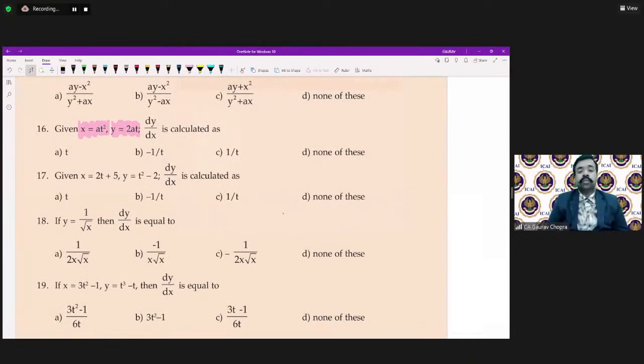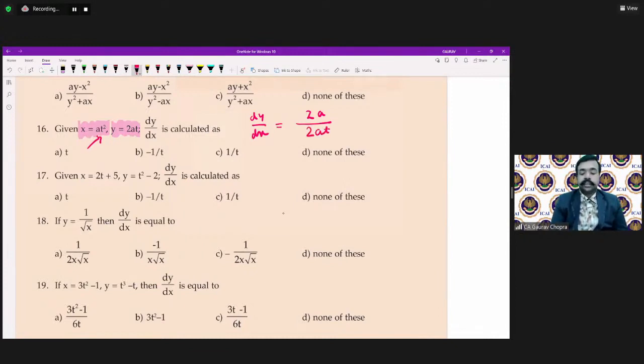First of all, we will take the y equation, differentiate it and write it in the numerator part. So dy by dx is equal to, in the numerator, derivative of 2at, which is simply 2a, divided by the derivative of at square, which is simply 2at.